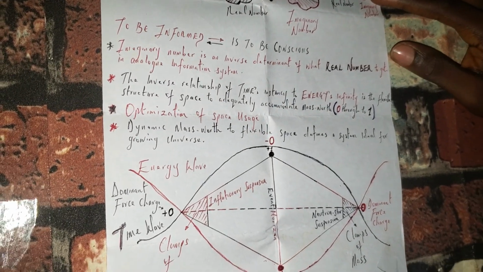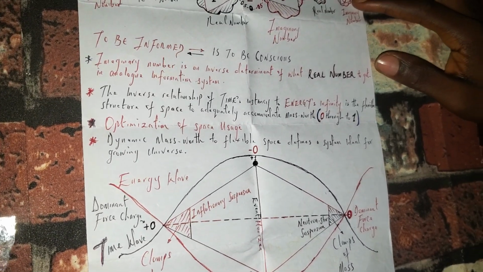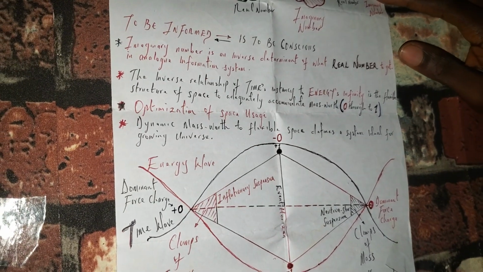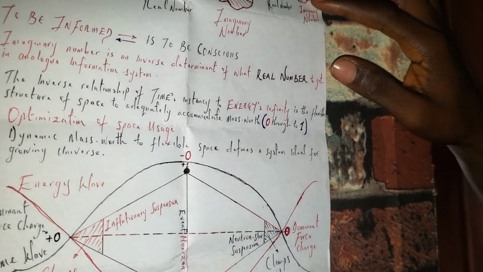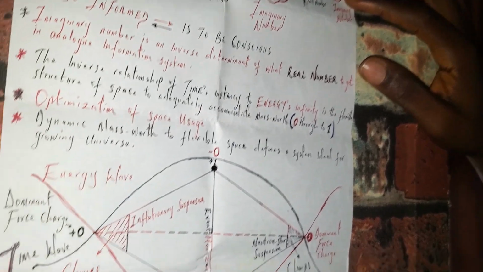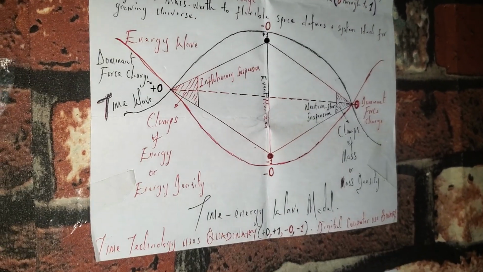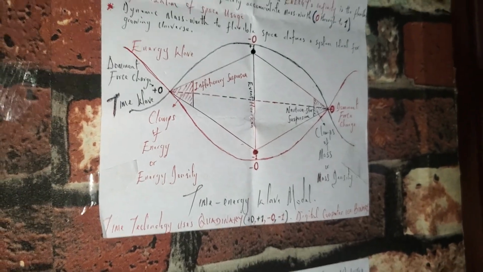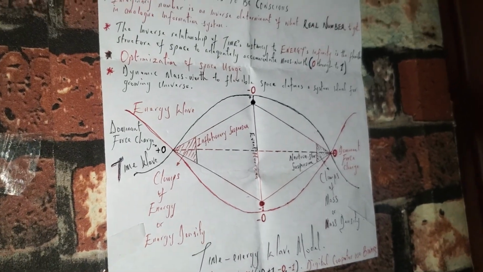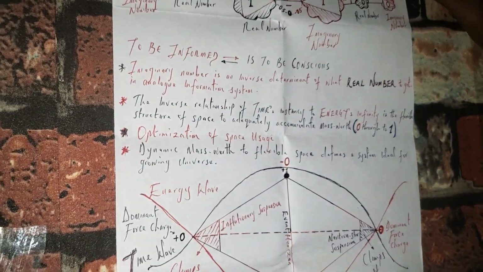Then we're going to have optimization of space usage because the structure can expand and contract to accommodate data. So now we have this dynamic mass worth to flexible space defines a system ideal for a growing universe. So basically that is that.